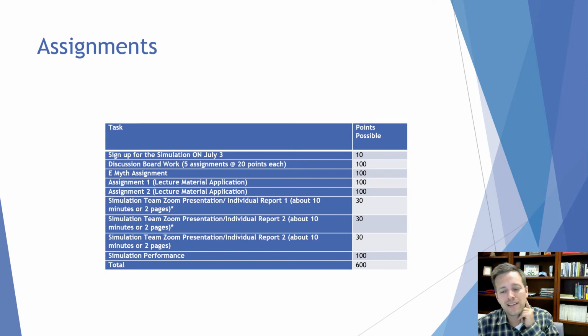So that's kind of how it breaks down. You have to do well in all things if you want to make an A in here. If you want to make a B, you could be a little weaker on one of those categories and still make a B.